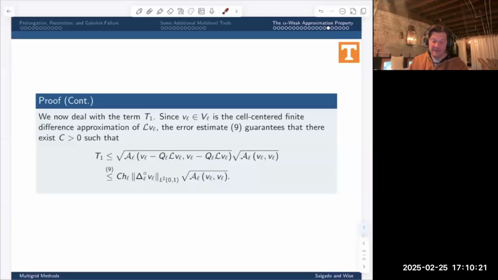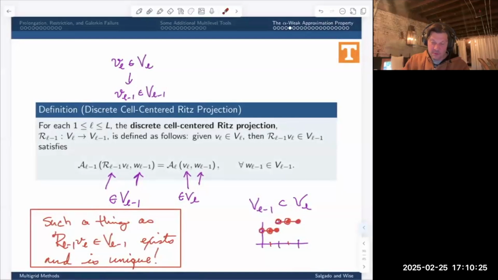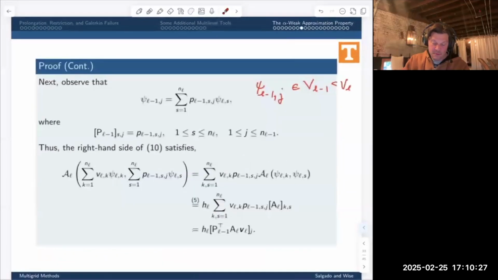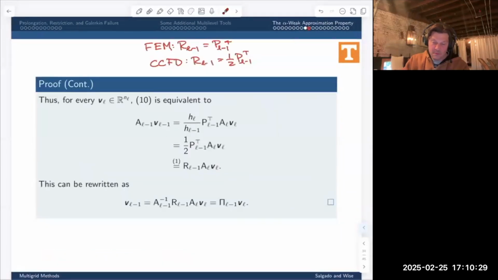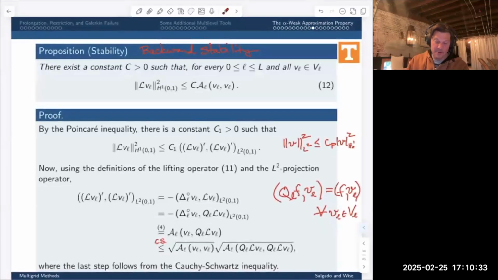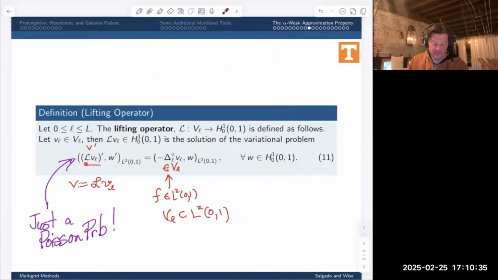So if we go back to the definition of the lifting operator, that's somewhere about, let's see. Here we go. So the lifting operator, what's the right-hand side of that? That's just that thing there.